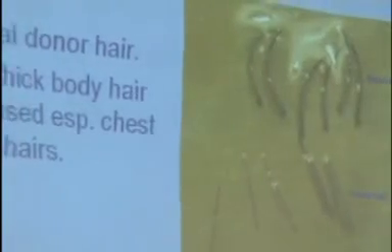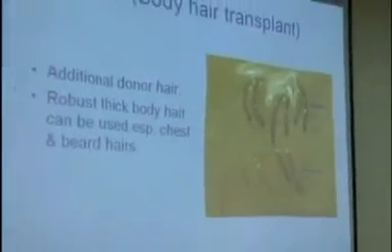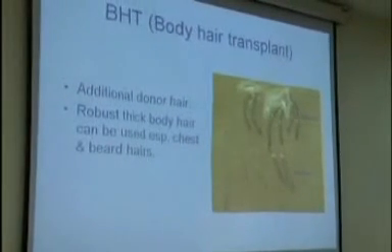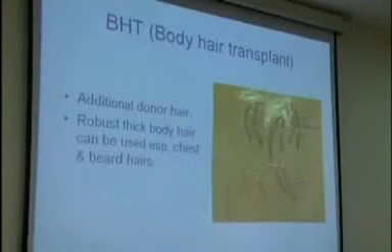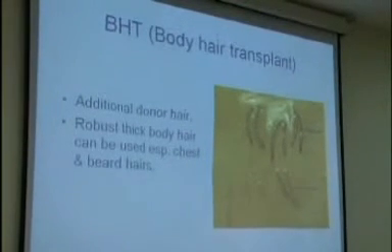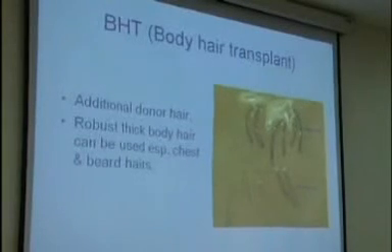Another advantage of the FUE technique is that with this method, hair roots or hair follicles can now be extracted from different parts of the body also. Because with a strip, we won't be taking strips from all over the place. That will leave too many scars. But with the FUE technique, we can take hair one by one. Body hair should be seen as extra hair that can be used for transplant.